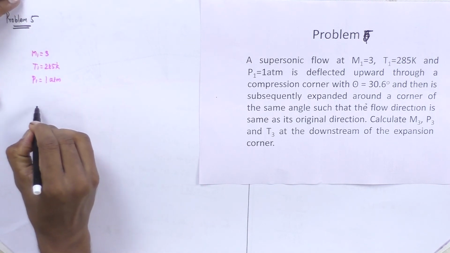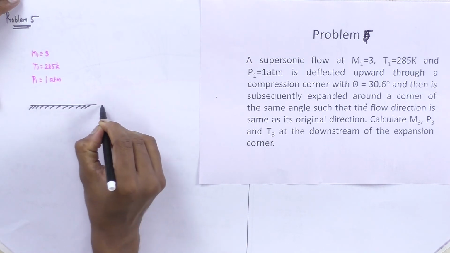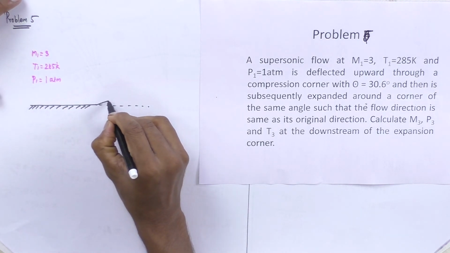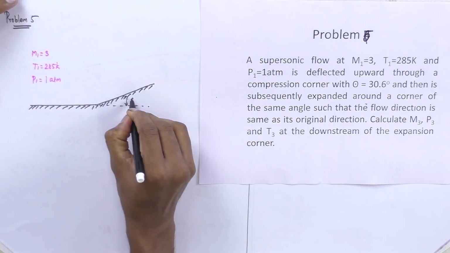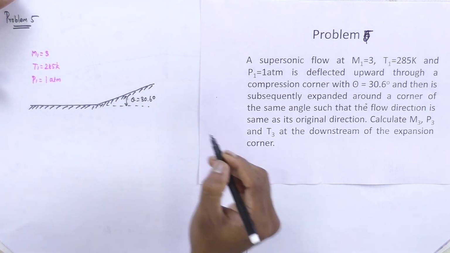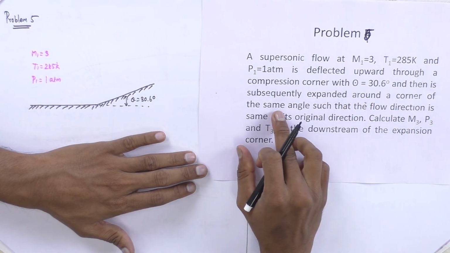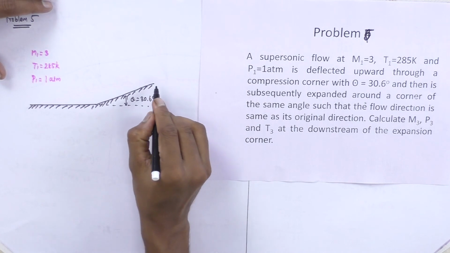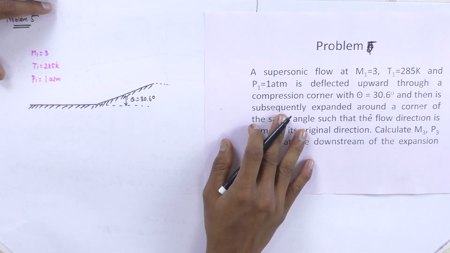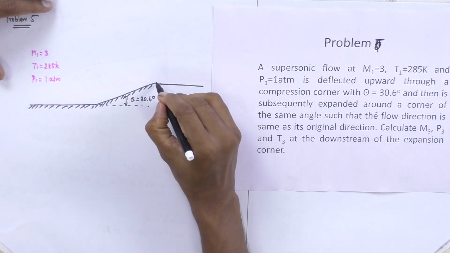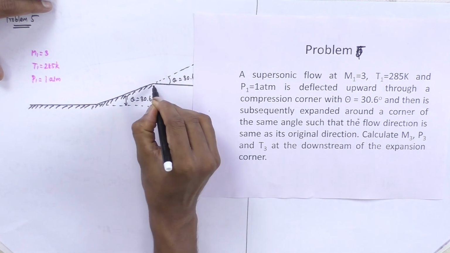So first it faces a compression corner, that is, deflected upward with theta equal to 30.6 degrees, and then is subsequently expanded around a corner of the same angle, theta equal to 30.6 degrees.